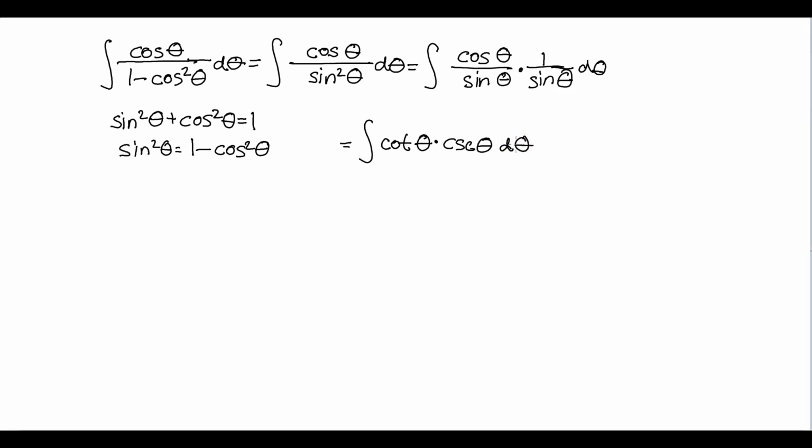The integral of cosecant of x times cotangent of x equals negative cosecant of x. Our answer is negative cosecant of theta plus c. So these trig integrals, some of them can be solved with trig identities just like this one.